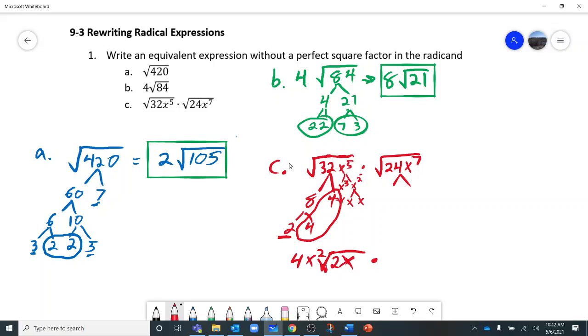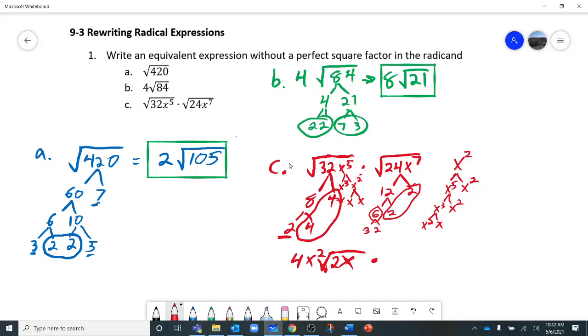24x to the 7th. 24 is 12 and 2, 6 and 2, 3 and 2. So these two 2's can come out. This 6 is going to stay inside. And then with the x, we have x to the 7th, which is x to the 2nd times x to the 5th, which is x to the 2nd times x to the 3rd, which is x to the 2nd times x.